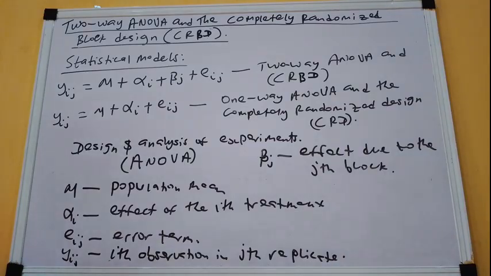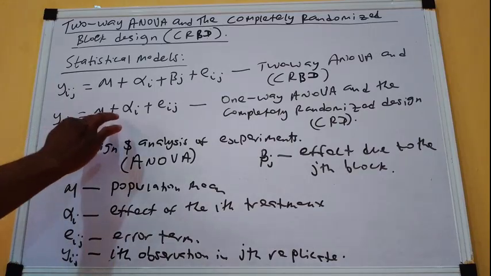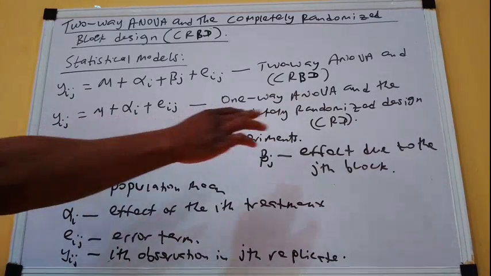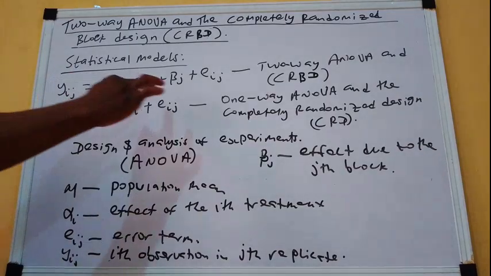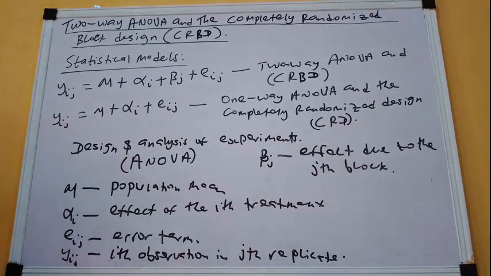You know, for the one-way ANOVA, which is used to analyze the completely randomized design, the degrees of freedom for error is large. But now, when you are introducing the block that will contain all the treatments, the degrees of freedom for error will be reduced.